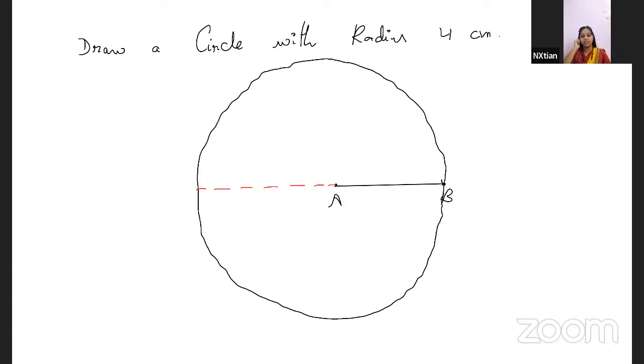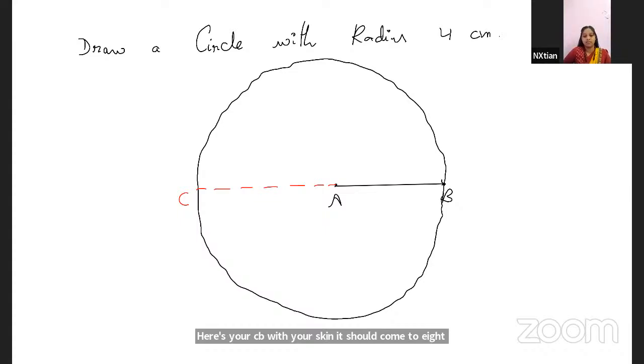Hope you all are getting 4 centimeter. Now measure this whole line. Let's name this point C. Measure CB with your scale. It should come to 8 centimeter.